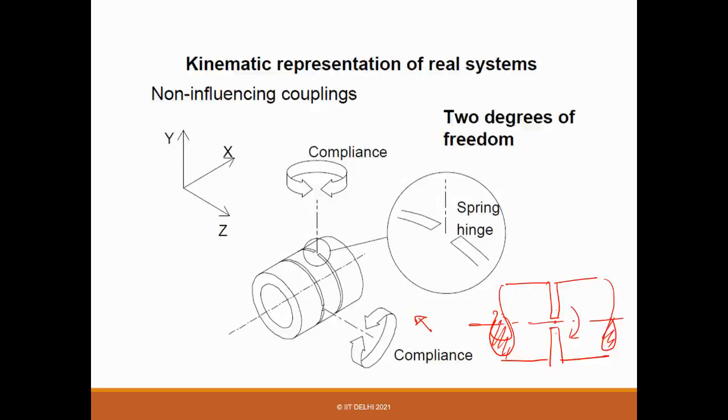So a little flexibility is there because of this hinge design. Similarly, if you do it in the other axis, it can bend in the other axis. So you can have two rotations. Of course, it's limited, only to a few degrees in this case. So now when you connect, you only get 2 degrees of freedom because of the two rotations. Here, this thickness is very substantial, so it will not deform, so it will not give you the translation degrees of freedom.